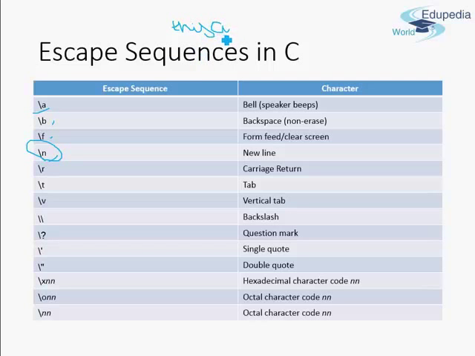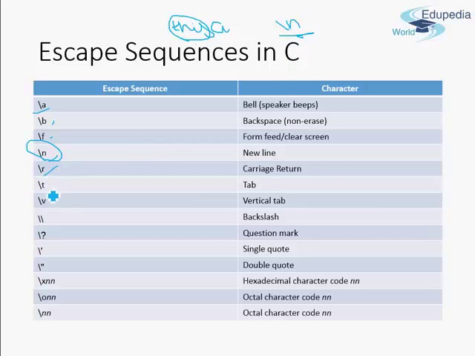If you want a to be printed on the next line, you should append backslash n to this. So in the statement where you are printing this, just add a backslash n after it, and it will have a new line over there.